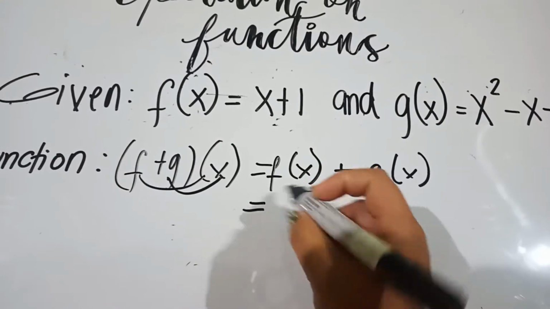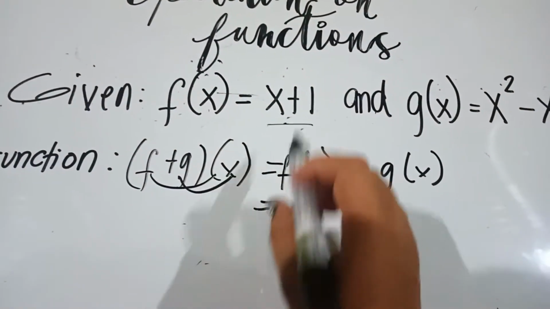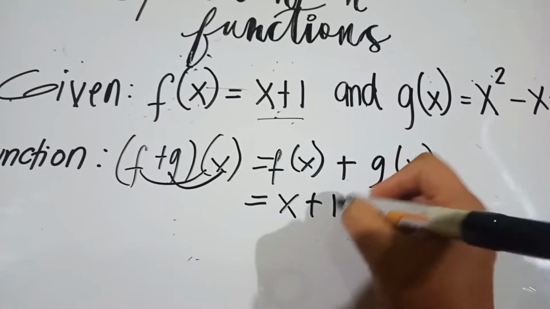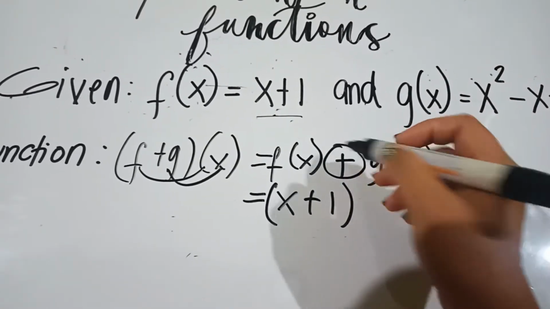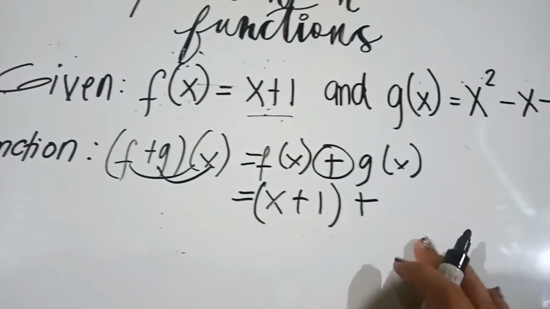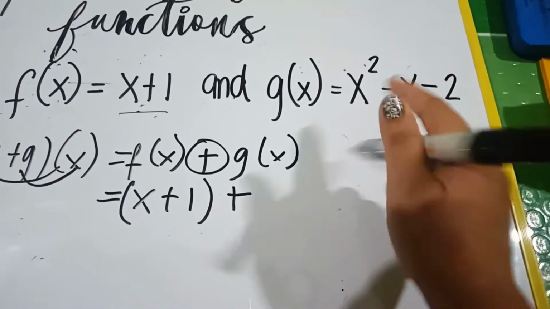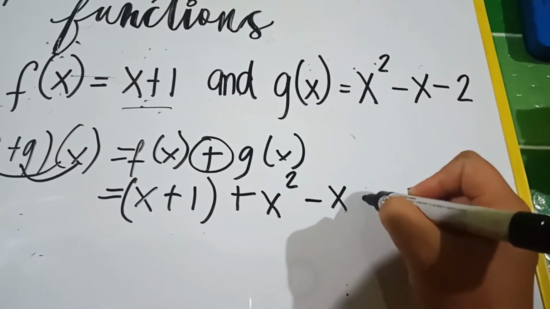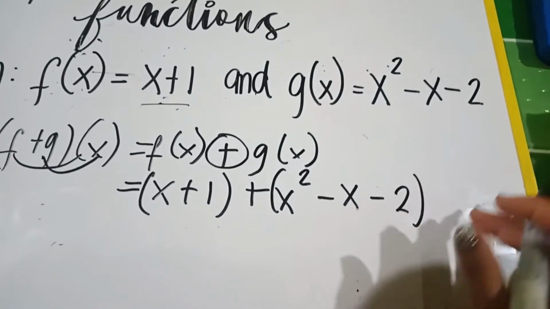The given for f of x is x plus 1, and then the operation is addition, so plus g of x. The given for g of x is this one, so plus x squared minus x minus 2. So now we will solve.